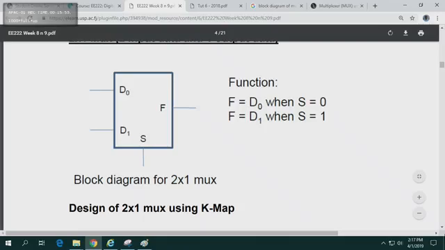In this case, you have data, you have selector inputs, and you have only 1 output. So 1 output, 2 data lines, right? The number of data lines determines the number of selectors. So if there are 2 data lines, there'll only be 1 selector. So if S is equal to 0, right, that switch, remember the switch? If F is equal to 0, sorry, S means selector.